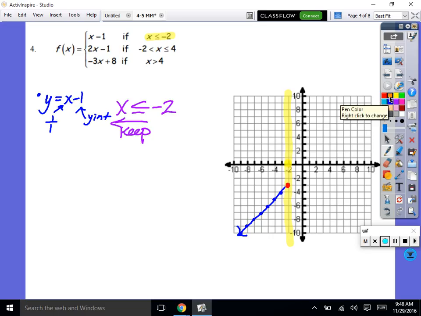So let's graph y is equal to 2x minus 1. Our y-intercept is -1 and our slope is 2. Ignore everything on the graph right now. So -1. Graph that. Gotta completely ignore everything.